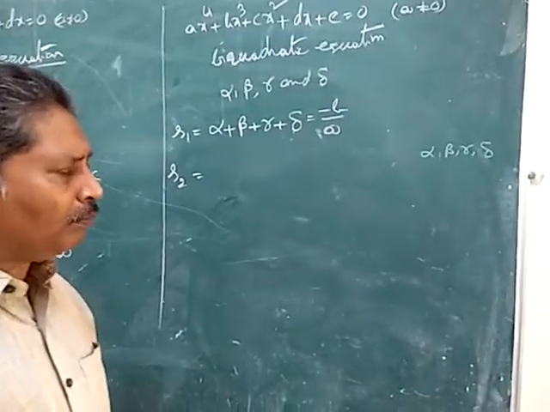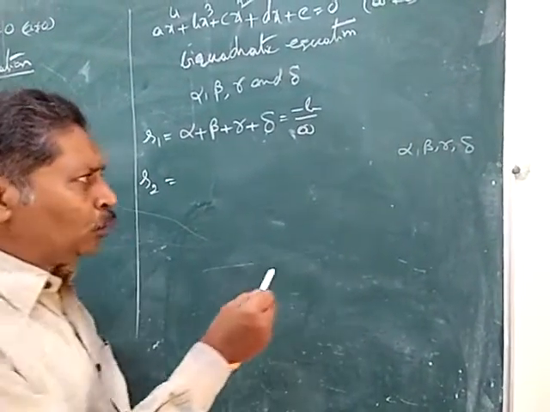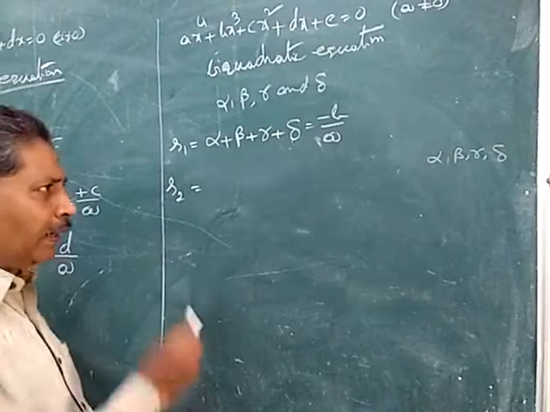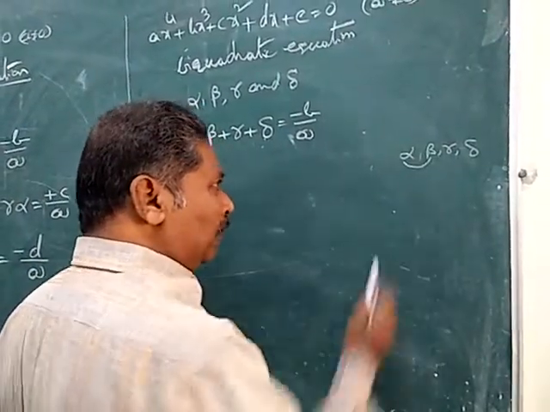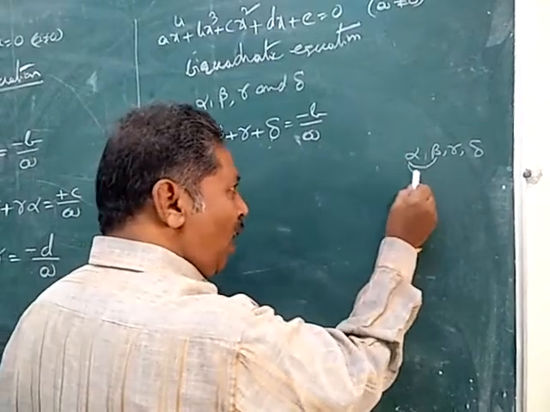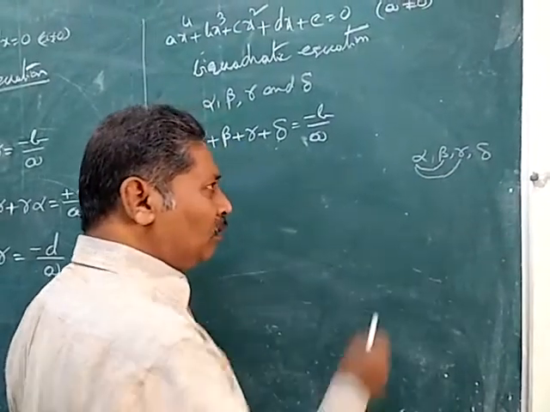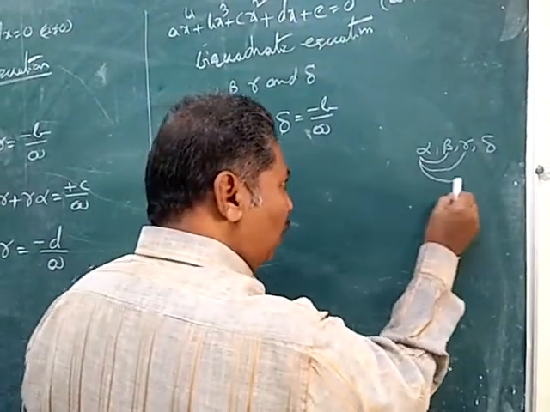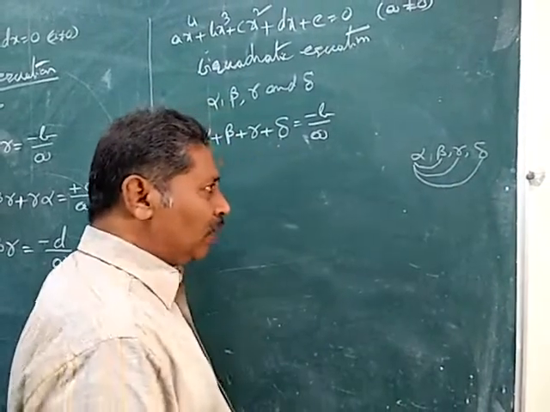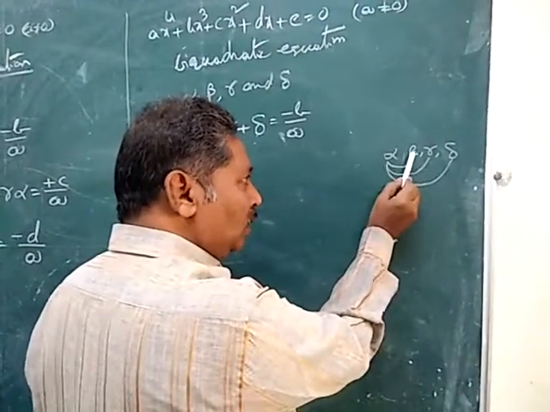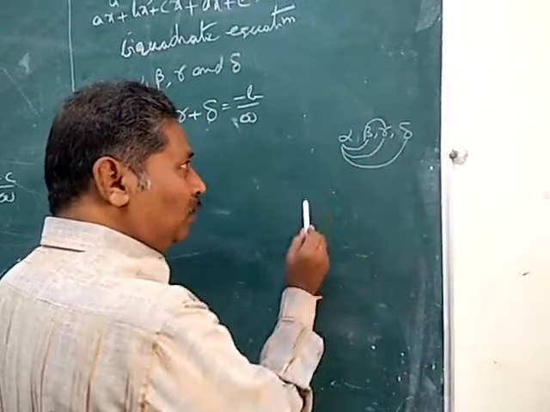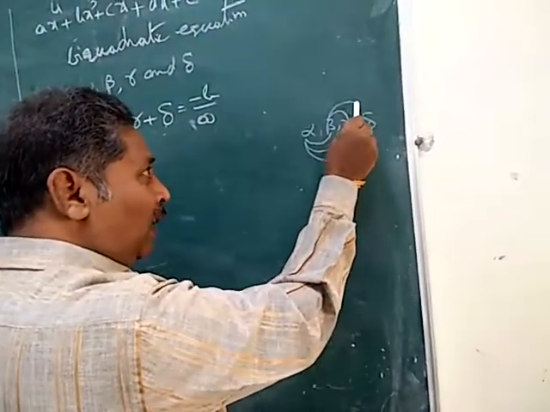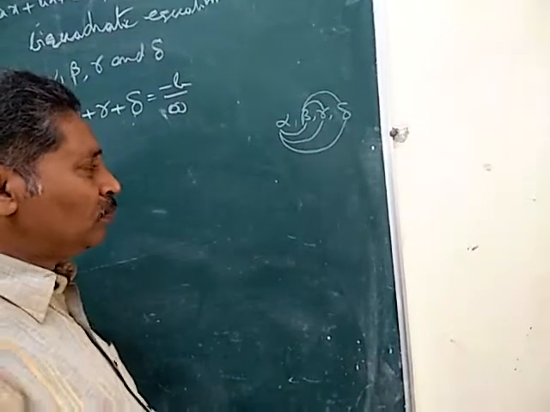Listen carefully, taken 2 at a time: alpha beta, alpha gamma, alpha delta. Next, start from beta: beta gamma, beta delta.